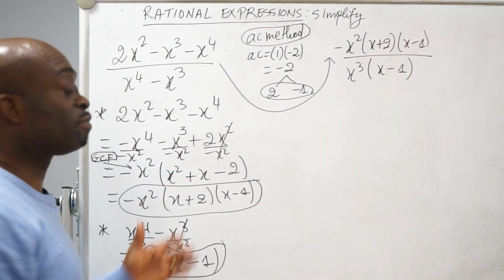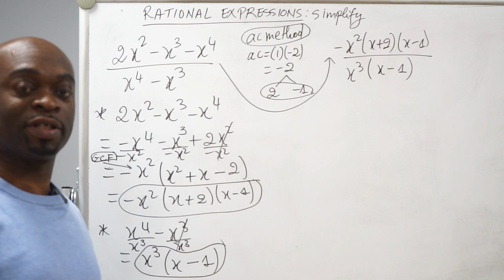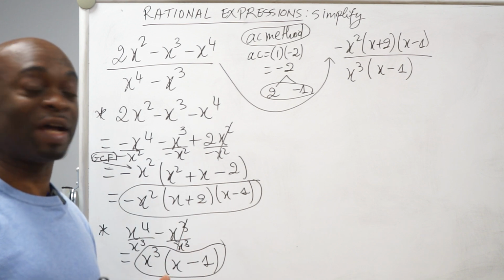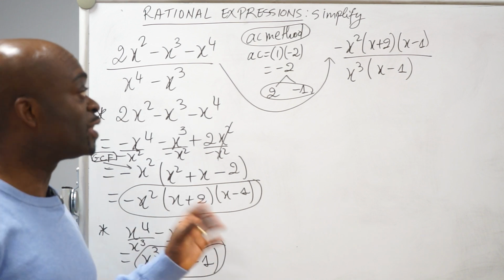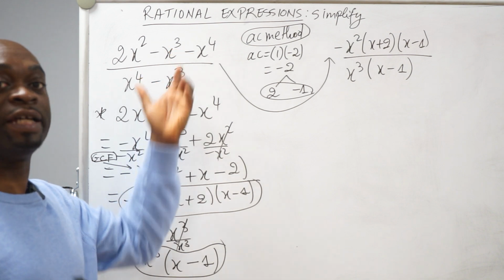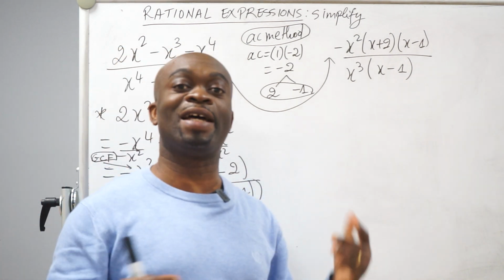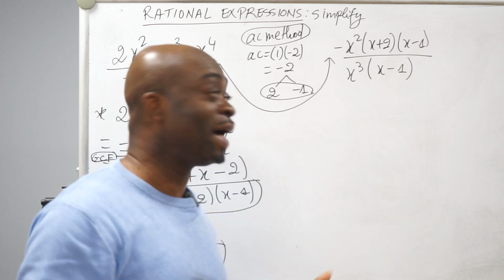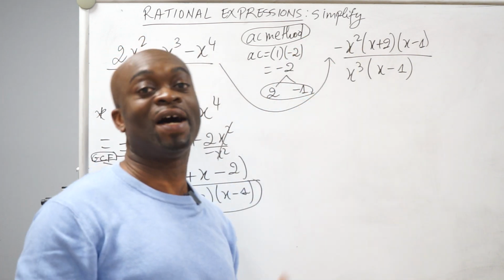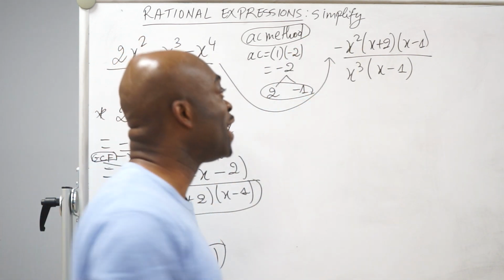So the steps are: you factor first, then you take the factors and plug them back into the original problem. And then you see if there's anything to simplify. That's why we call it simplify. We're asking you to simplify, actually.